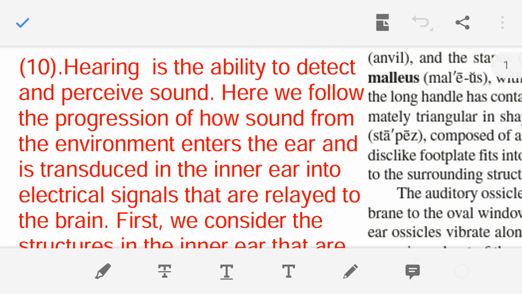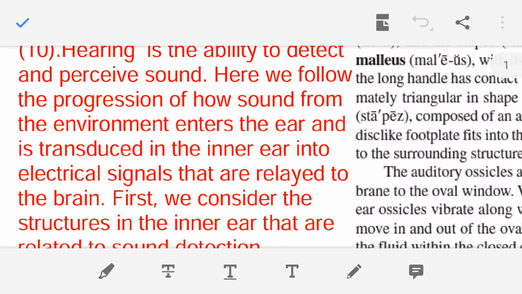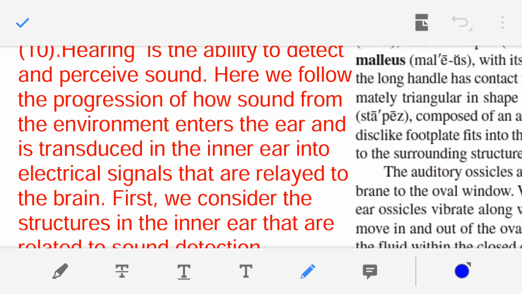So now we follow the progression of how sound from the environment enters the ear. We know the pinna or the auricle directs the sound wave toward the tympanic membrane. Then the sound wave makes the auditory ossicles vibrate, and they transmit it into the inner ear.